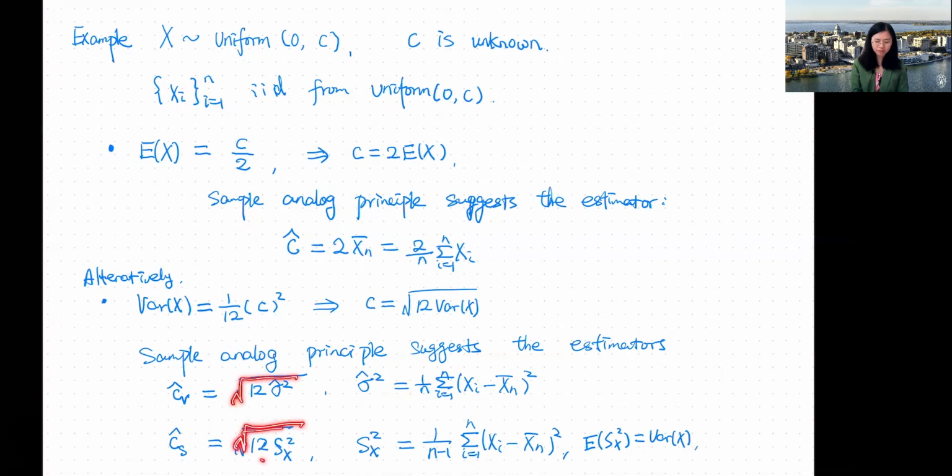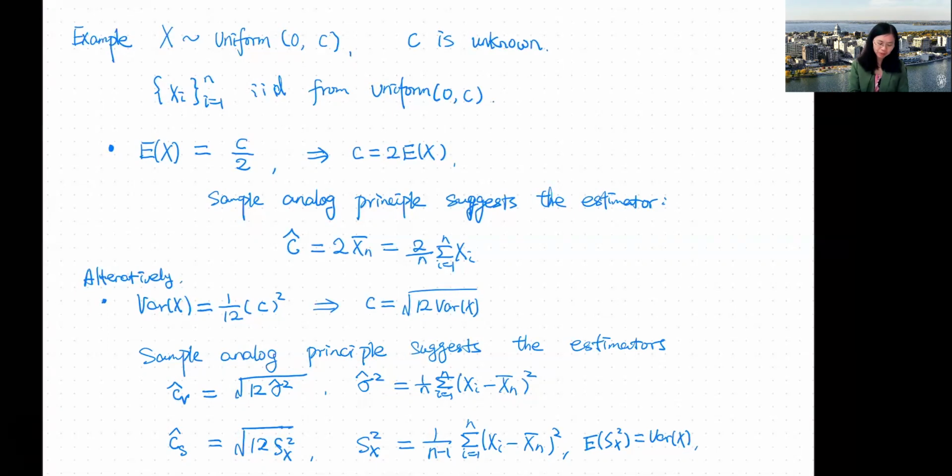It's a square root function of the variance estimator. So even when the variance estimator is unbiased, the square root of it is no longer unbiased for the square root of the variance. But even though they are not unbiased, they're perfectly reasonable according to the sample analog principle.